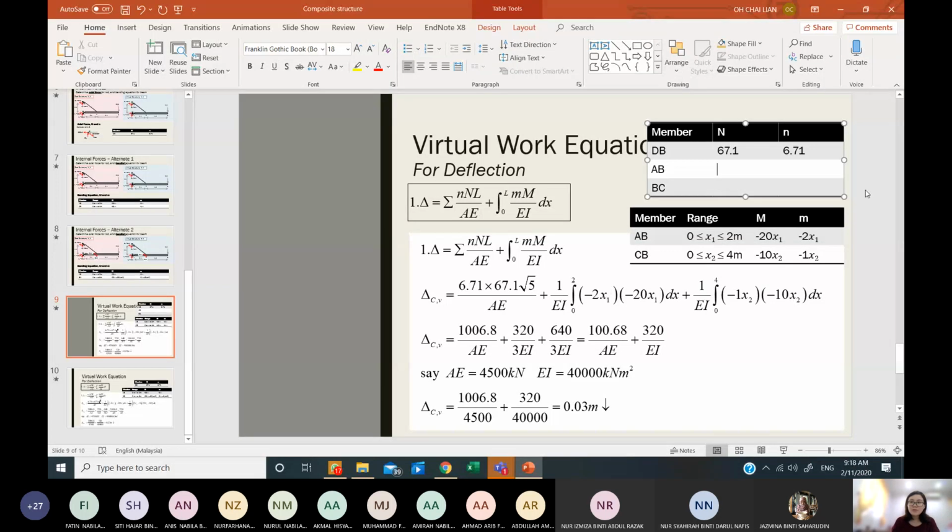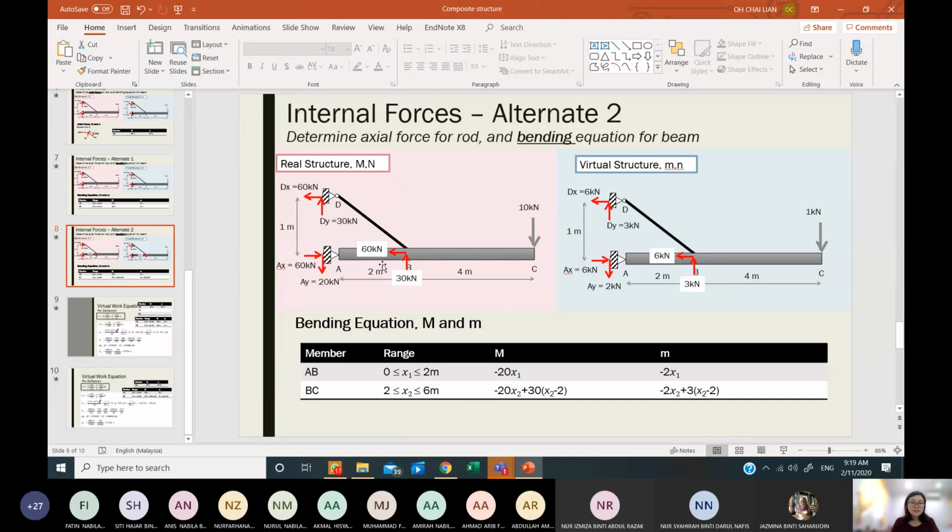Then you need to put in the axial force in member AB and the axial force in member BC. For example, in this case, you treat it just like a truss. Solving joint A, you will have this 60 kilonewton AX.